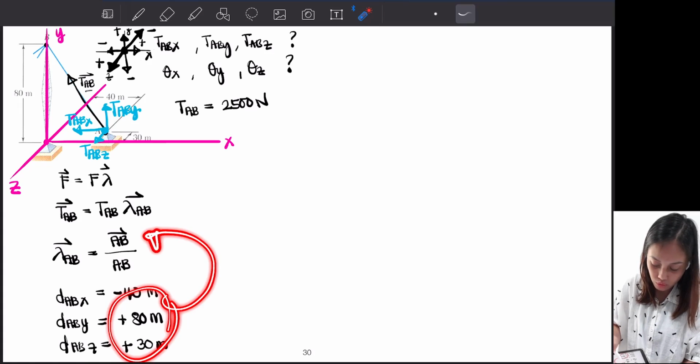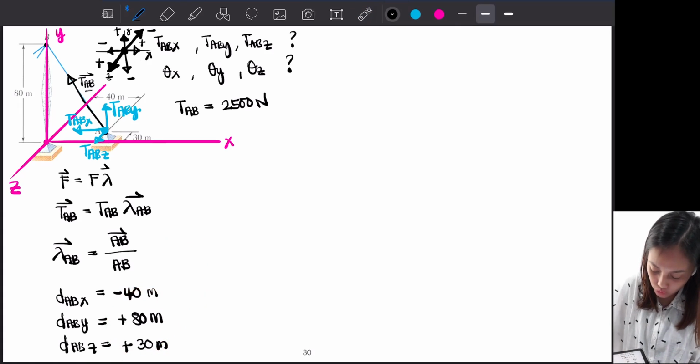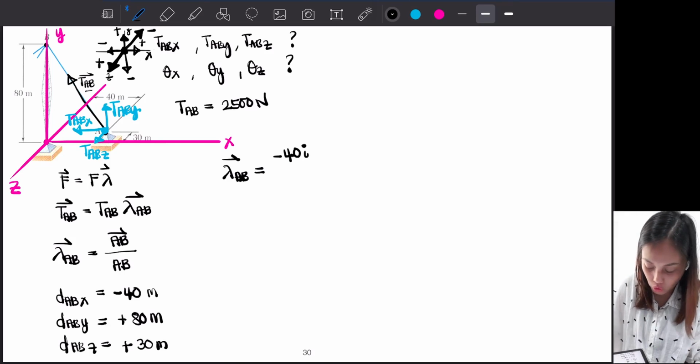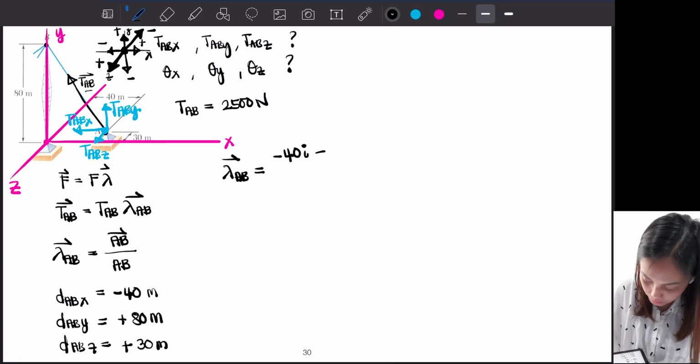Let us now write the equation for lambda AB. Therefore, lambda AB is equal to negative 40 times unit vector i along x, plus 80j plus 30k.